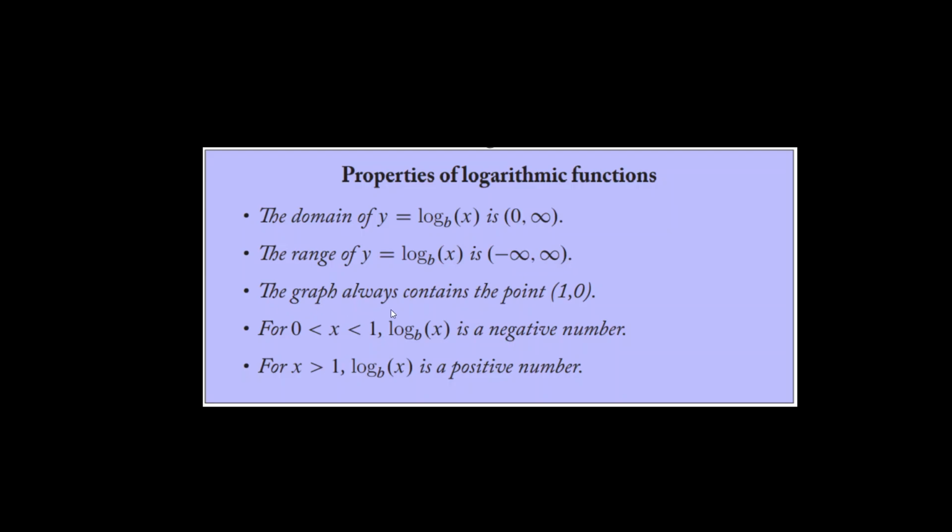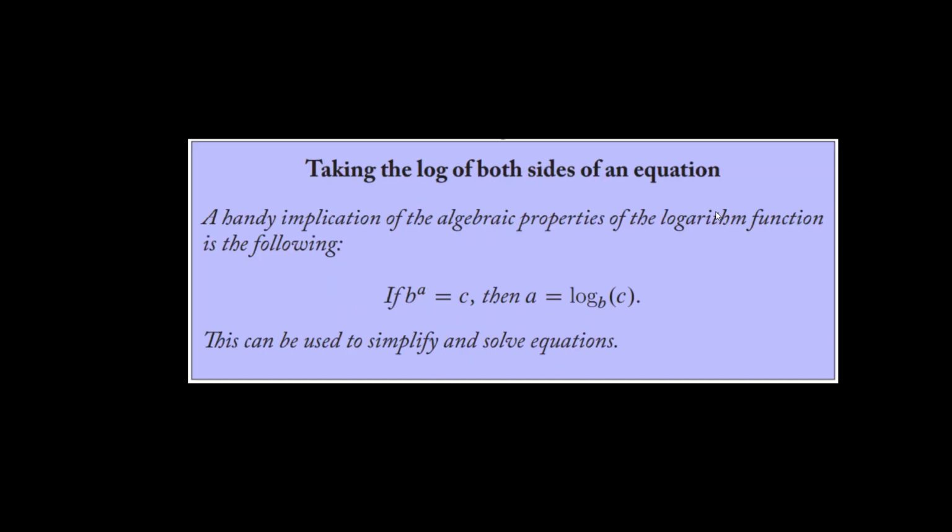The graph always contains the point 1, 0. Okay? For x greater than 0 and less than 1, log b x is a negative number. For x is greater than 1, okay, log b x is a positive number. Okay? So, yan po ang properties of logarithmic functions.